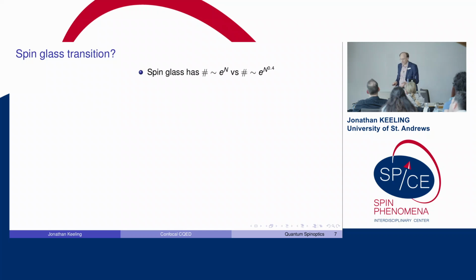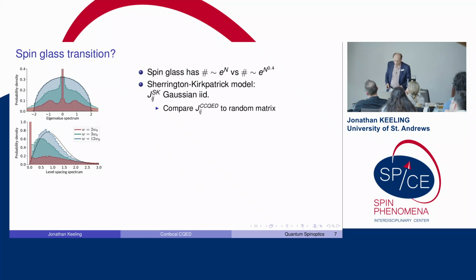And so one way you can ask about where the transition to a spin glass is, is at which point does this model look like the behavior of truly random J_ij's? One way to do that is to compare this J_ij matrix to a truly random matrix. And so we did that, and we looked at the eigenvalue spectrum of a matrix or the level spacing statistics.